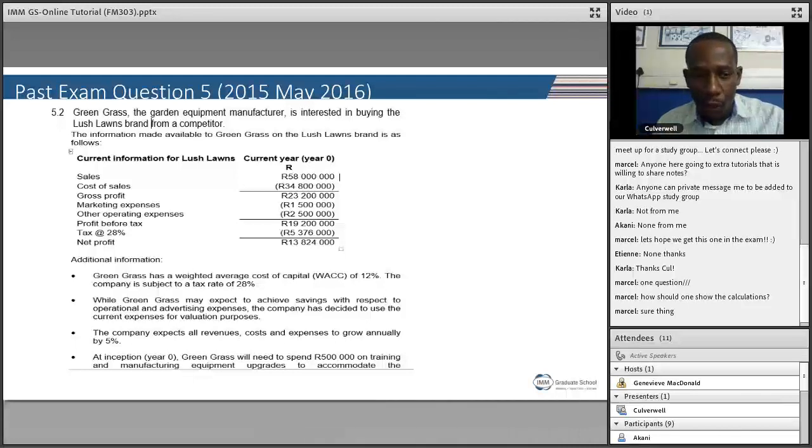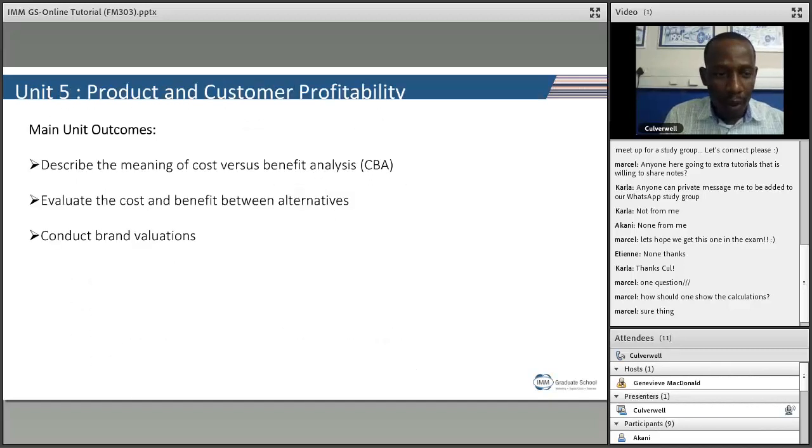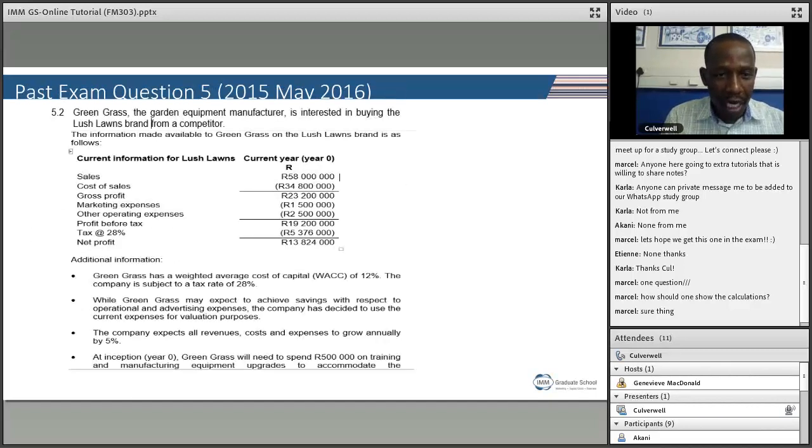But mind you, you're not supposed to be escalating your takeover expenses because they were incurred at inception, meaning it was a once-off expense. So I'll move on to calculating year 1 sales. I know my sales for year 0 were 58 million.